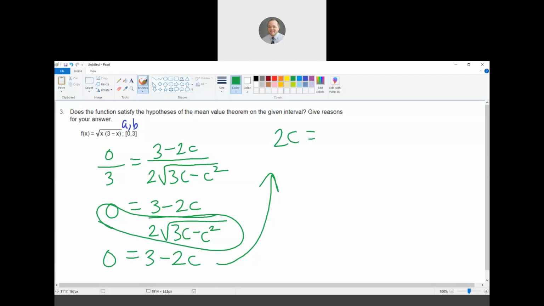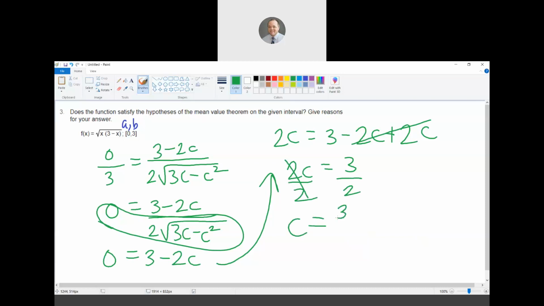It does not matter. And that gives us 2c equal to 3. And the last step, let's divide both sides by 2. Therefore, c is equal to 3 halves, or 1.5.